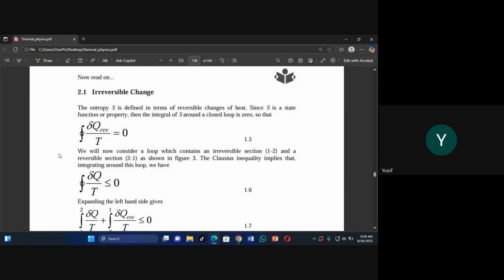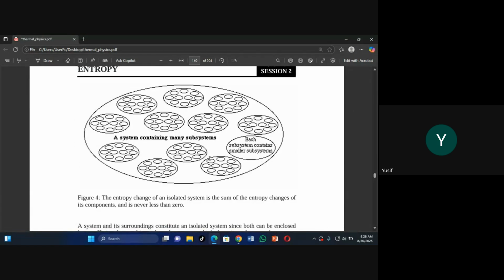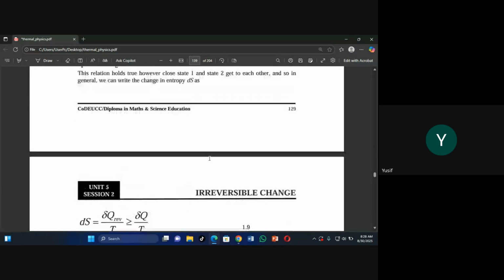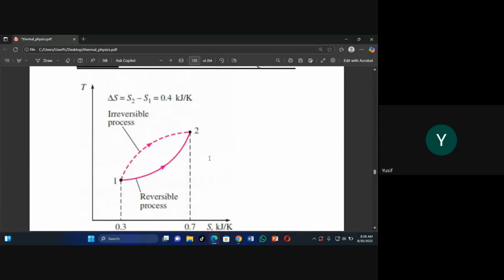and a reversible section, as shown in figure 3. So if you look at figure 3, where's figure 3? Yes, so figure 3. We have this reversible and we have this irreversible.